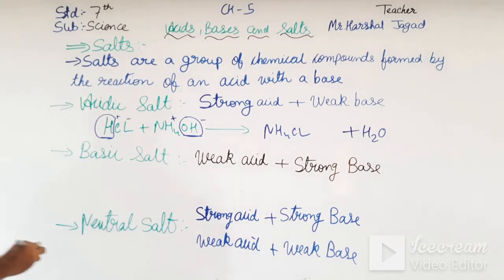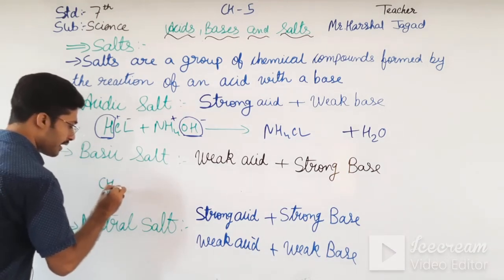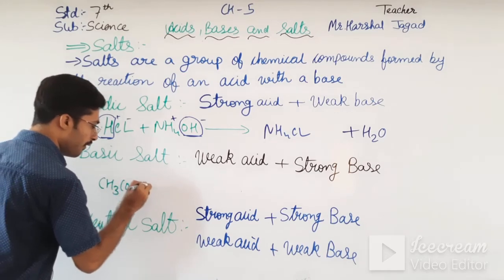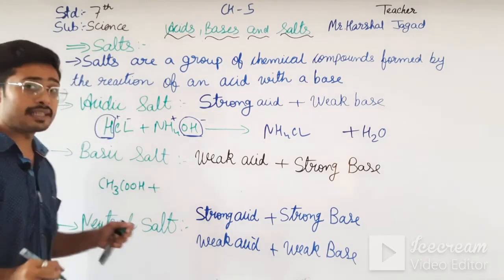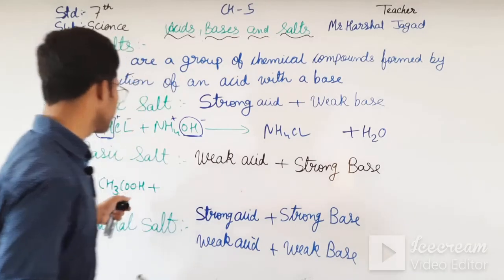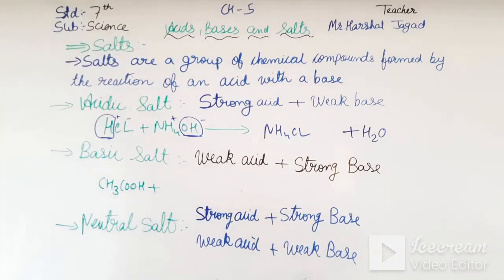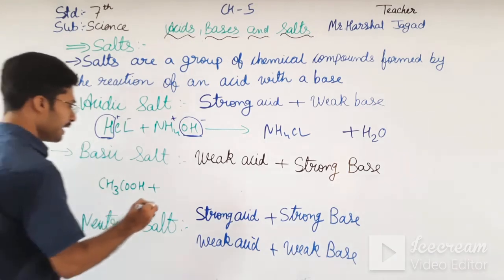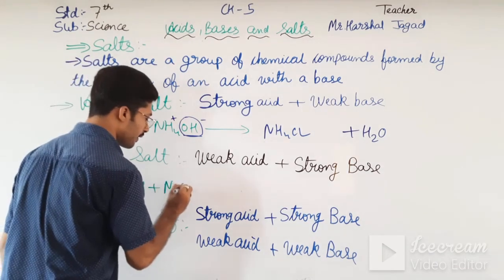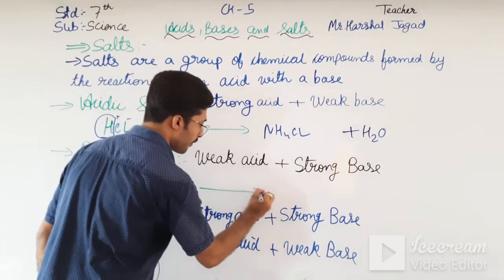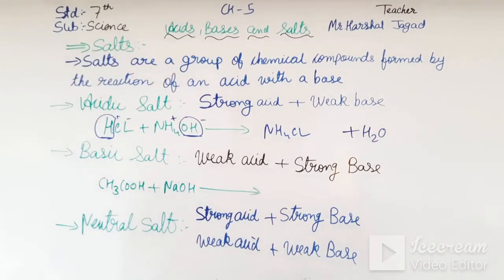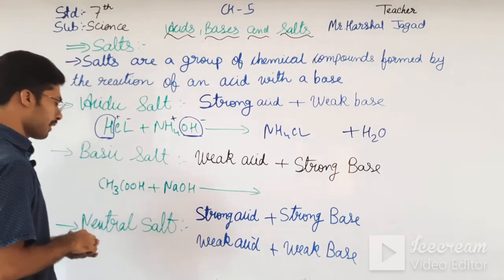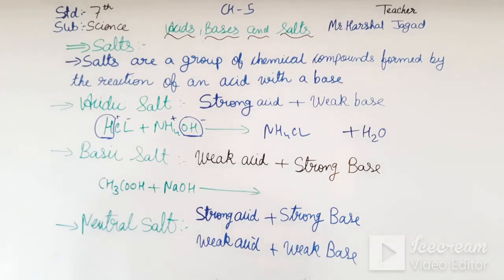If we react weak acid, that is CH3COOH, the acetic acid, with NaOH, then what will we get? First of all, we all know we will get the water. So how will we get the water?